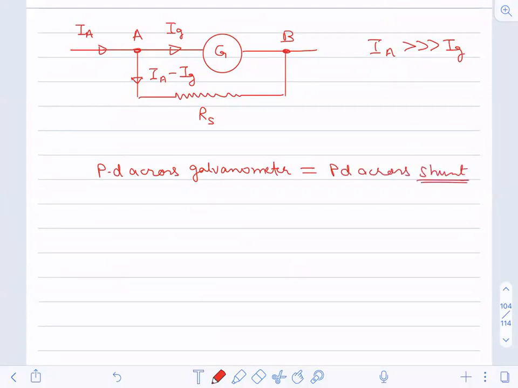Is it equal to across the shunt? Okay, because they are connected in parallel, so I'm writing that here also, because of parallel connection.